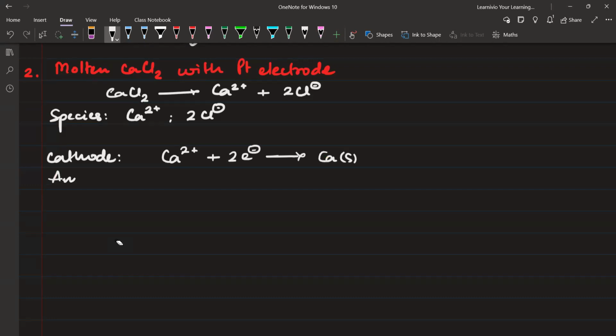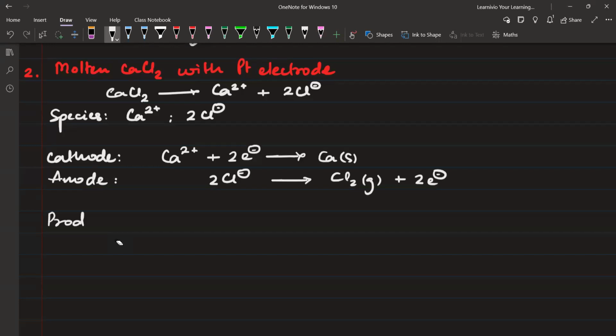And what will go to anode? Cl negative. So Cl negative will get converted to Cl2 gas, and balancing it like this, 2 Cl negative will give you 2 electrons.